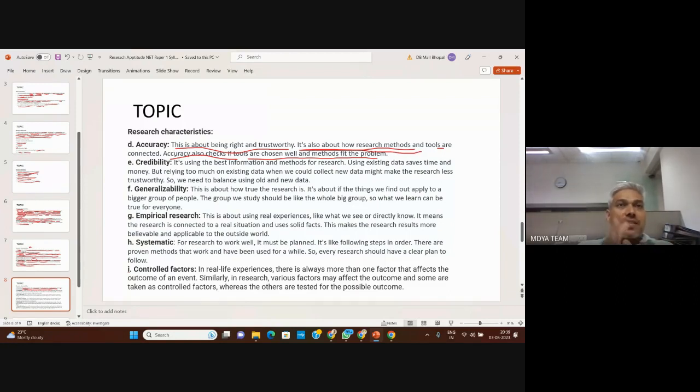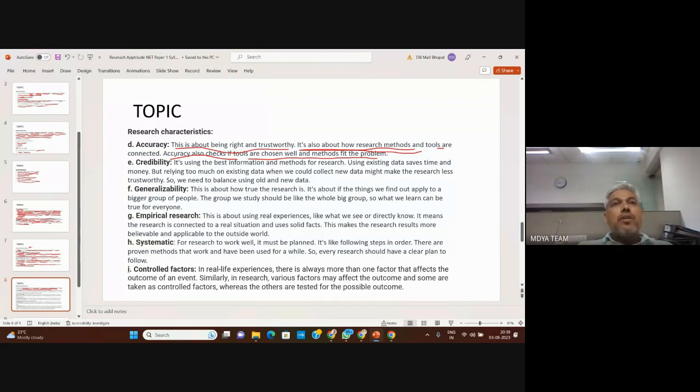Research method means the steps in research. When you conduct a research, it all starts with first deciding the problem, then you go to the literature review. After the literature review, you find out the gaps in the literature, and from that gap you decide your hypothesis.